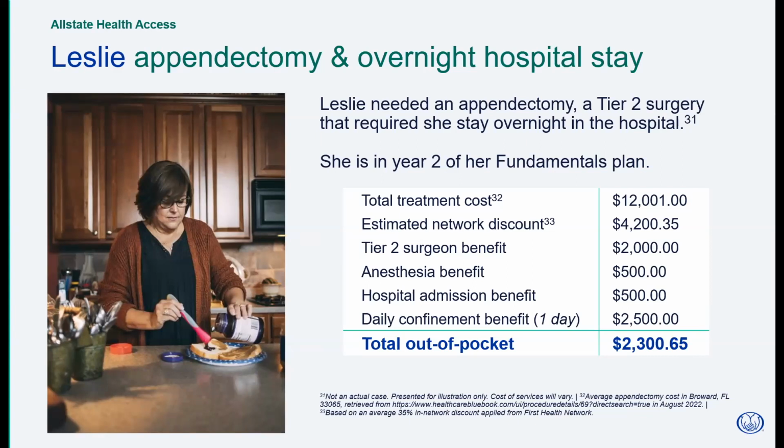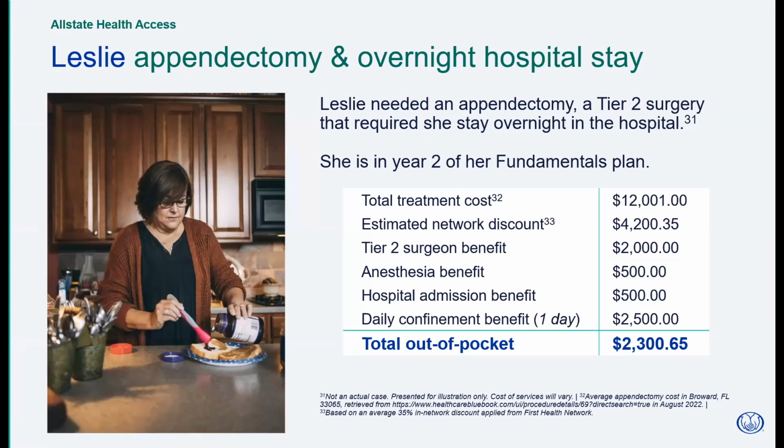The surgery did require an overnight stay. She was in her second year of her Allstate Access Fundamental plan. Her total charges for being in the hospital were $12,001, and that included a hospital fee, a surgeon fee, and an anesthesia fee.